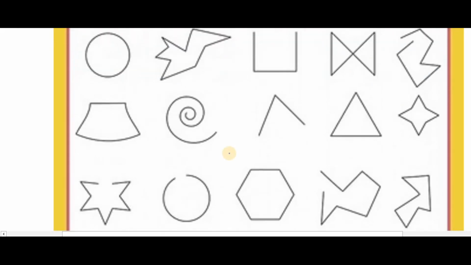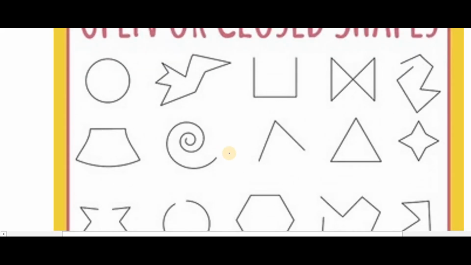Open or closed shapes. For open we will write O, and for closed we will write C. So this is a closed shape, this is also a closed shape, this is an open shape, this is not a curve, this is an open shape, and this is a closed shape.